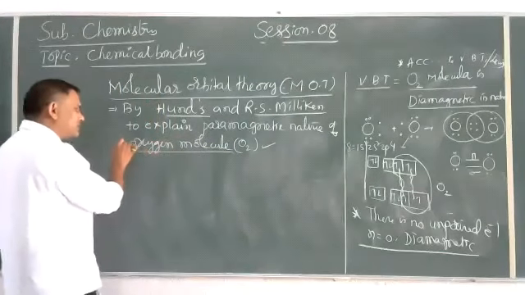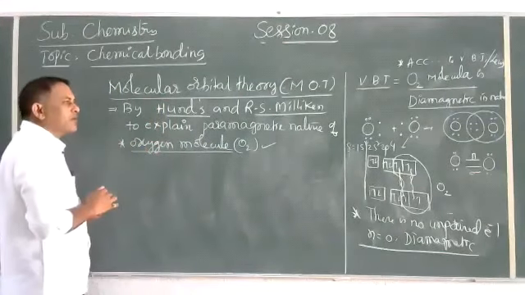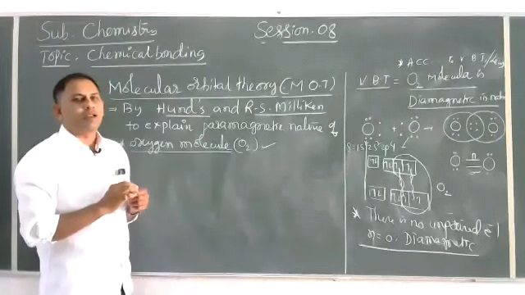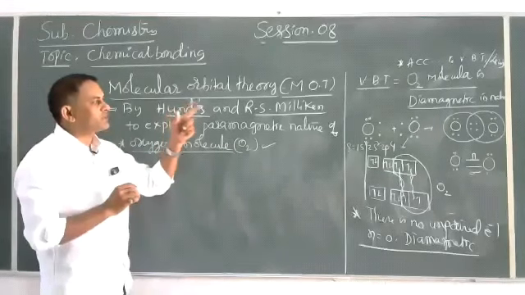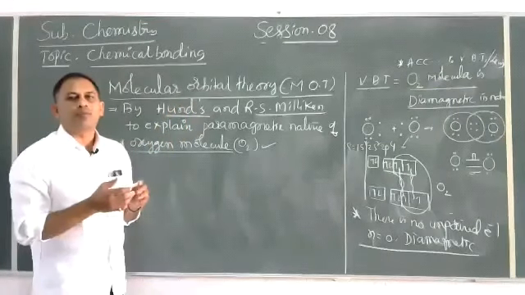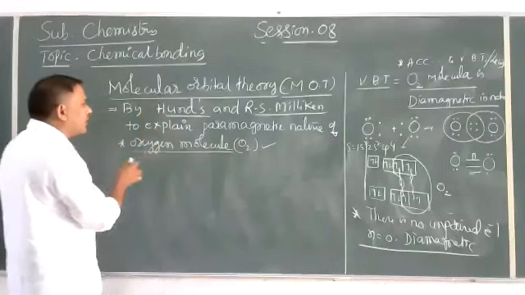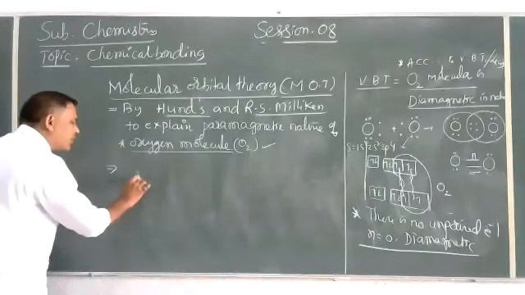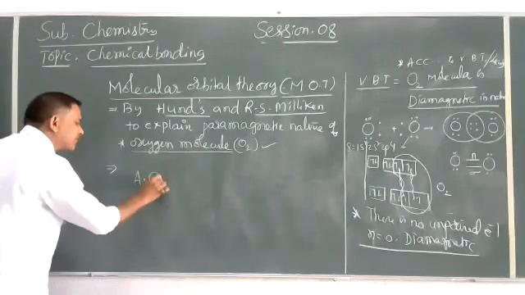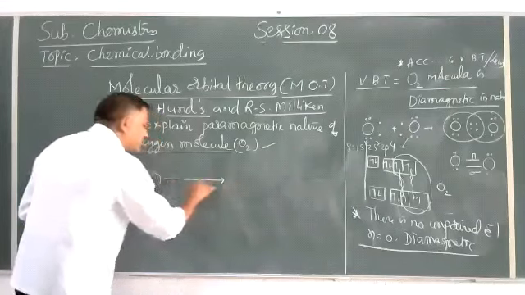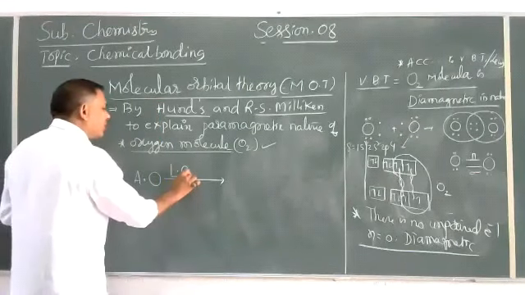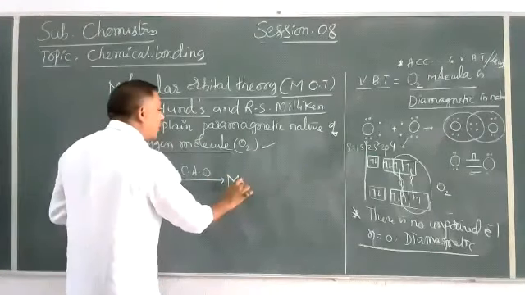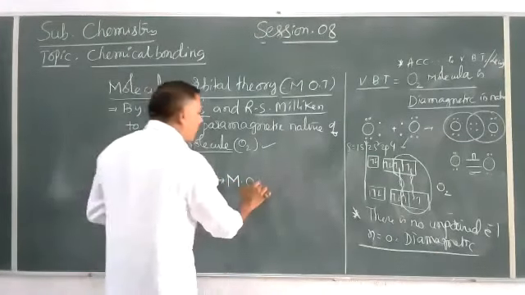To explain this, and to use the quantum mechanical concept to get molecular orbitals from atomic orbitals, one of the most important concepts was introduced: MOT, molecular orbital theory. According to molecular orbital theory, atomic orbitals combine linearly, that is the linear combination of atomic orbitals, to give molecular orbitals.